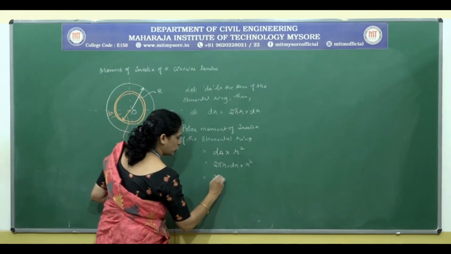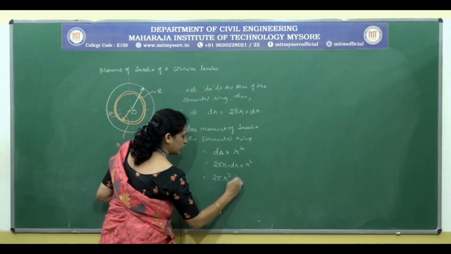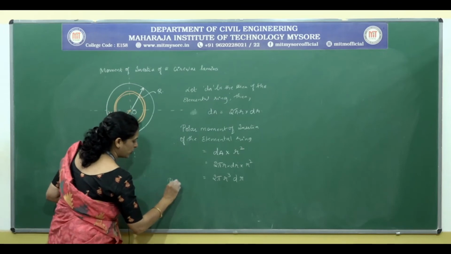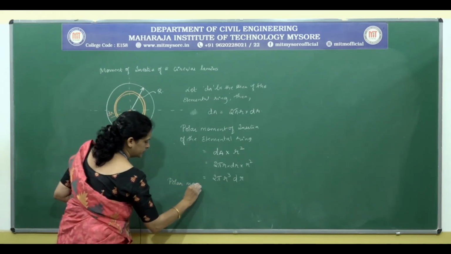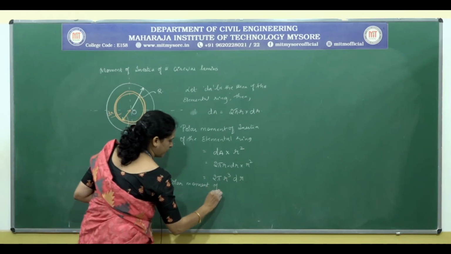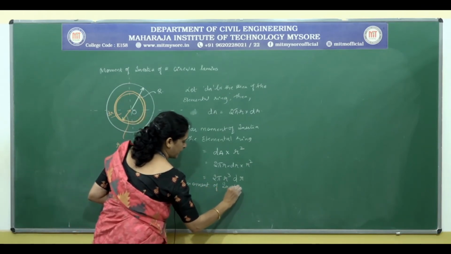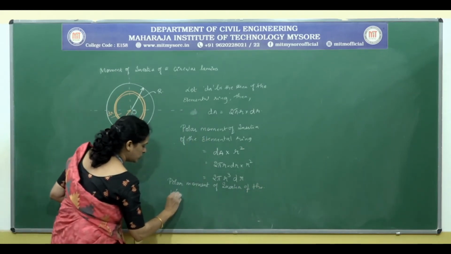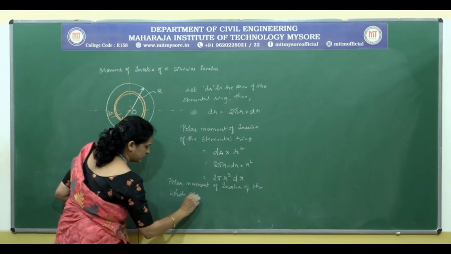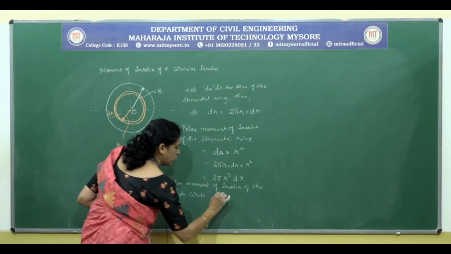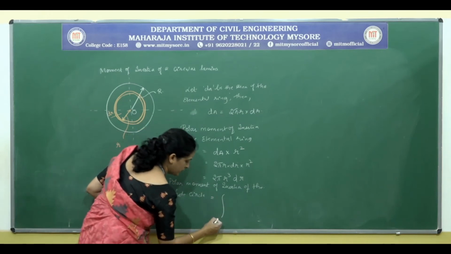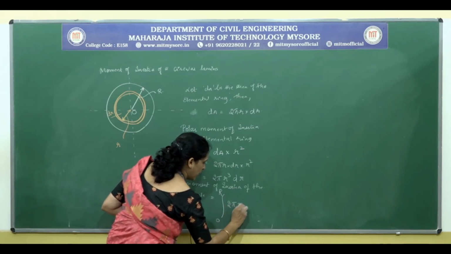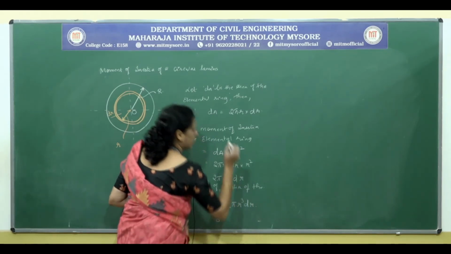So, that will take the form of 2 pi r cube into dr. So, now the polar moment of inertia of the whole circle is equal to the integral from 0 to R of 2 pi r cube dr.